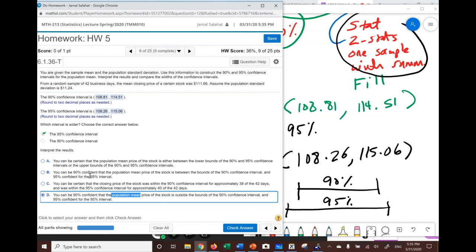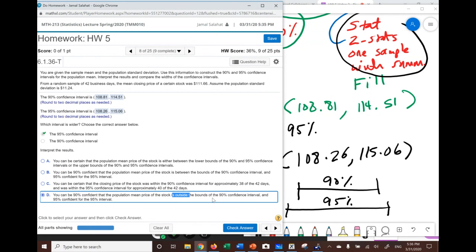The second choice, you can be 90% confident that the population mean price of stock is between the bounds of the 90% confidence interval and 95% confidence interval. The last choice, part D, you can be 90% confident that the population price of the stock is outside. Remember, D is wrong because it talks about outside.